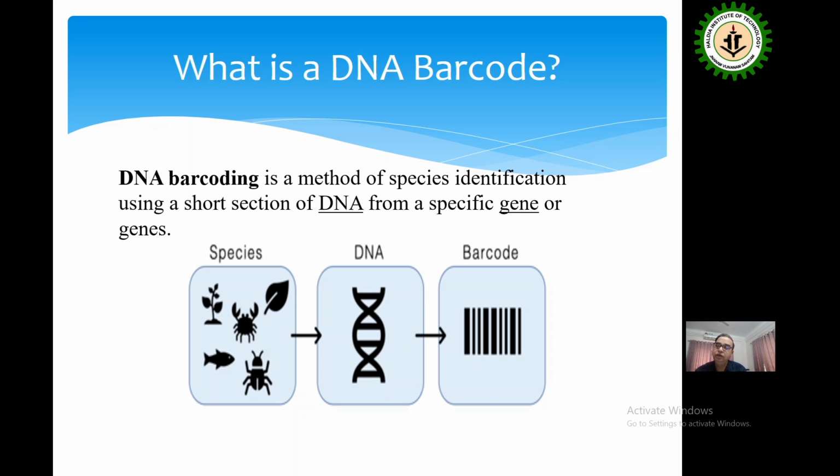Just like in the supermarket, when we go to buy some items, we see that there is a barcode on the item, which is scanned by the laser beam or the scanner, and we get the detailed information about the item. So here we use any species. It may be plant, animal, human, bacteria, virus, any species.